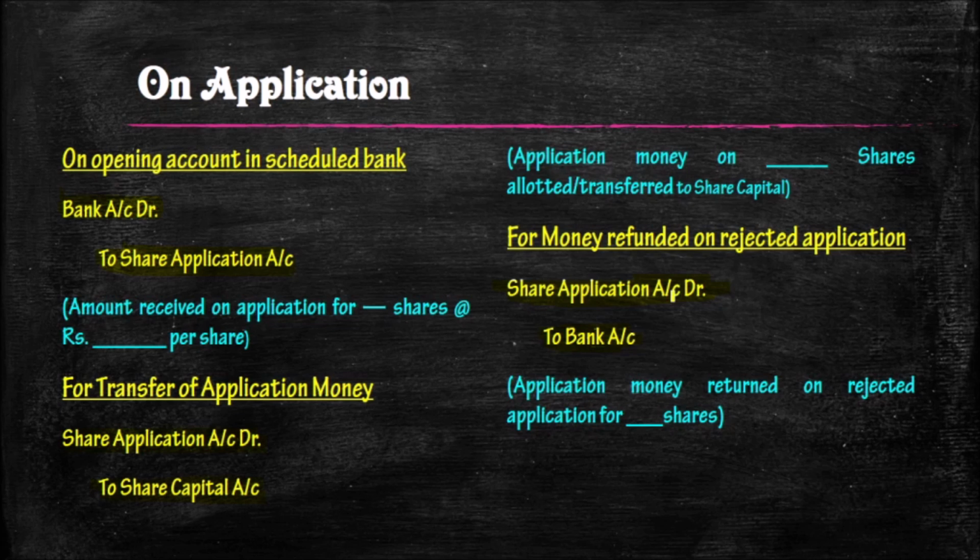So these are the entries we have to record in the books of the company. First one will be bank account attached to share application. Second entry will be share application to share capital. If anything is rejected and returned, the entry will be share application account attached to bank. So please remember, these are the common entries we have to remember every time up to the end of this chapter.